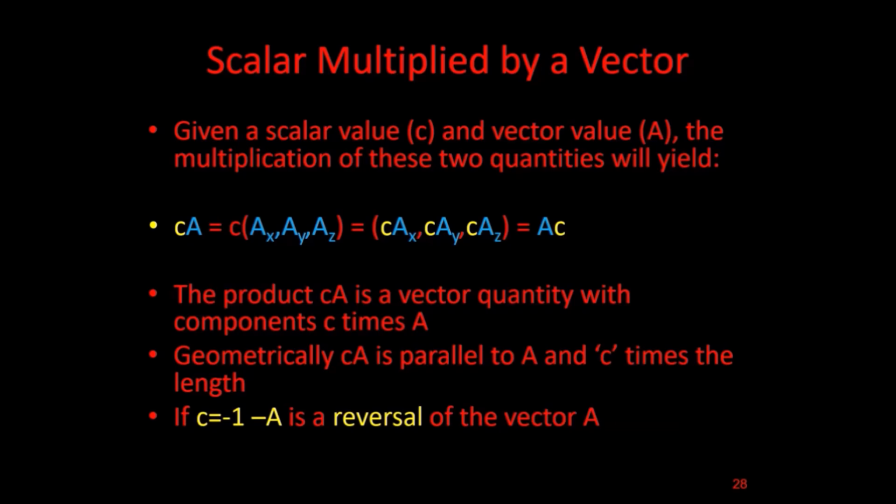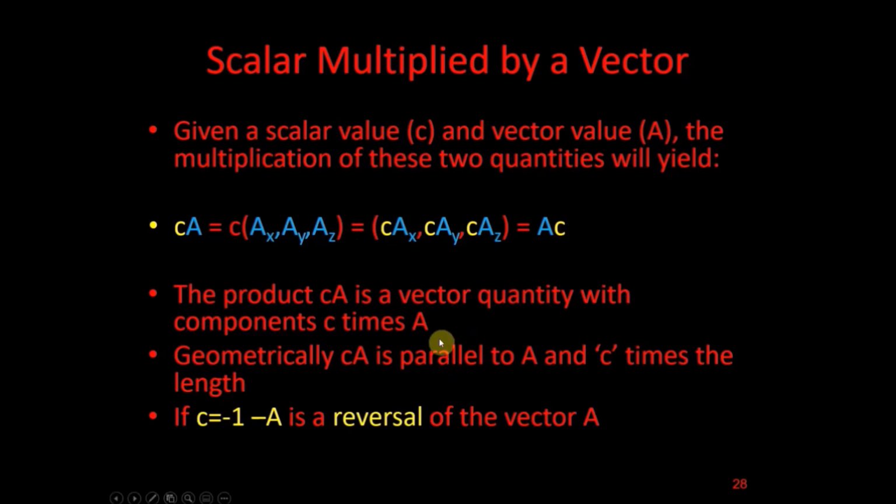We don't change the nature of the vector, we just make it bigger, or if we multiply by a fractional value, make it smaller. So here, c times a, if we multiply a scalar by vector a, we will multiply the scalar c by x, y, and z equally. So we'll have c times ax, c times ay, c times az will be equal to ac.